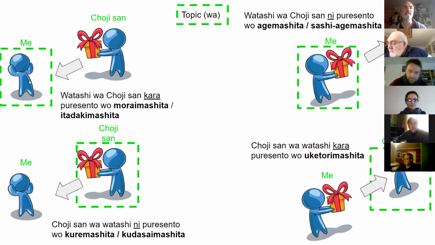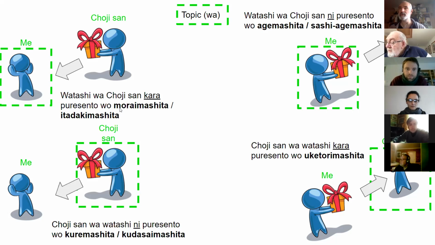Okay, so if the topic is you, so it's watashi wa or watashi ga, and you are receiving something, then we need to mark the person who is giving it to you, not with ni, like I said before, but with kara, okay?